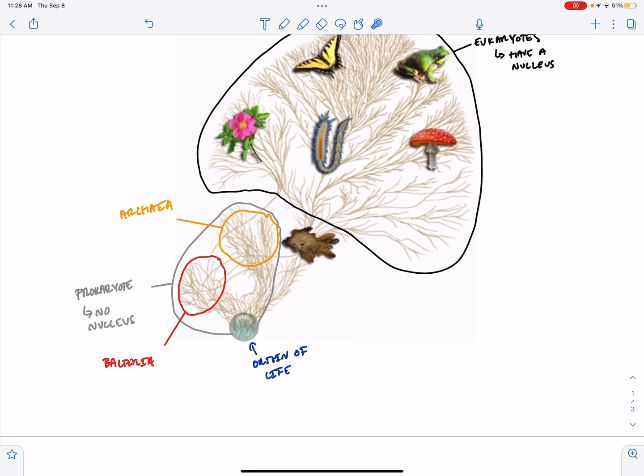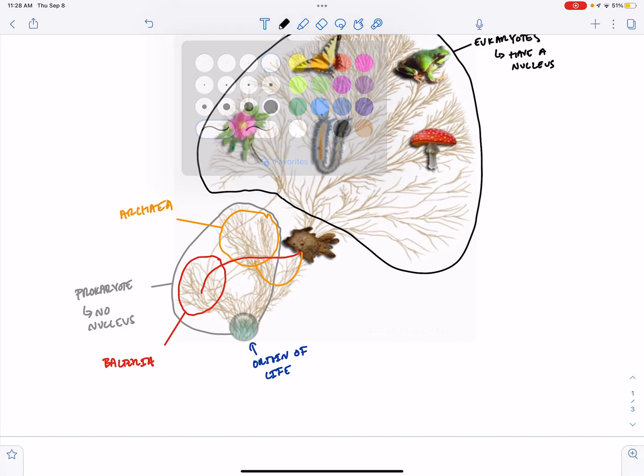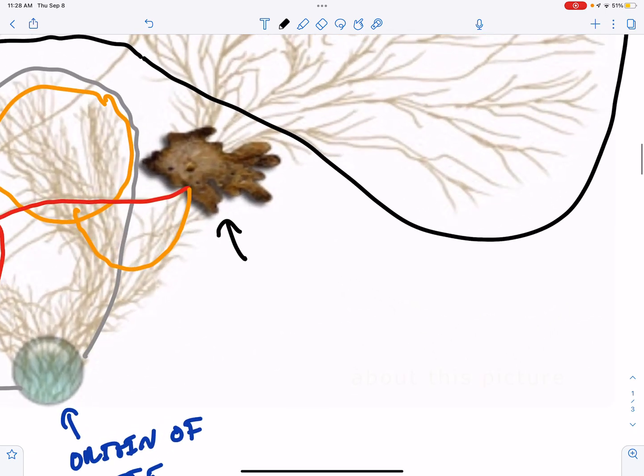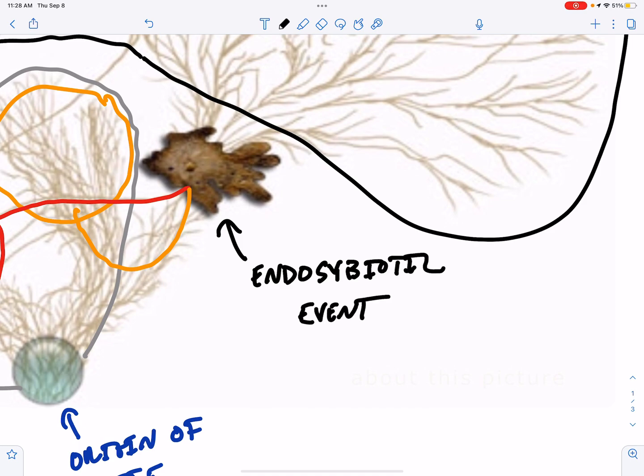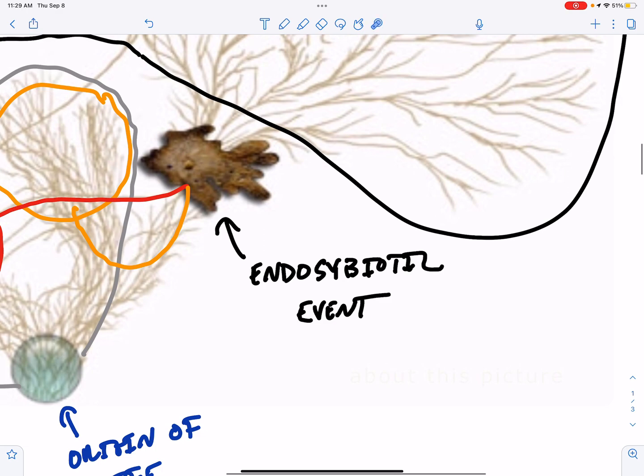So one of the reasons why I like this phylogenetic tree is because it shows an ancient event in which an ancient bacteria right here was engulfed by an ancient archaea, so part of this group right here. And it's called an endosymbiotic event. This endo meaning within, symbiotic meaning a close mutual relationship.